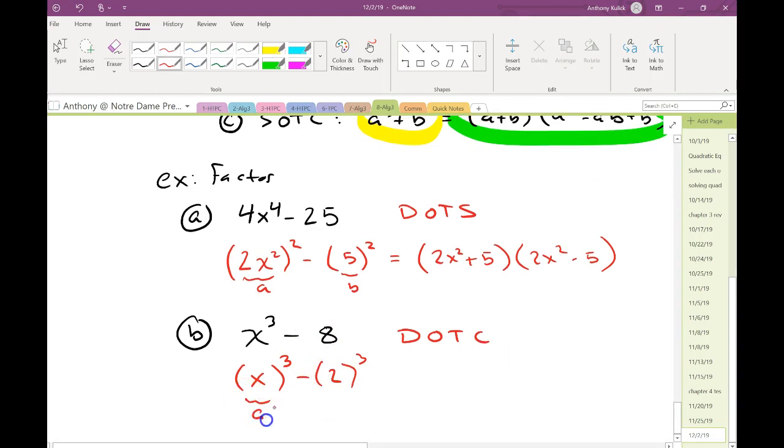So here my value for a is x, and my value for b is 2. So if I apply the pattern, I have a minus b times a squared plus a times b plus b squared.